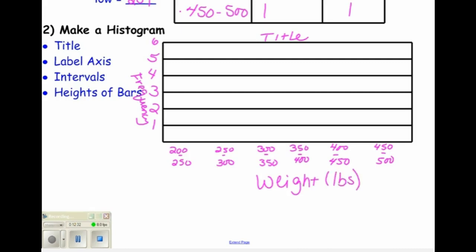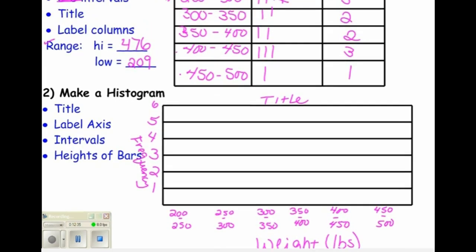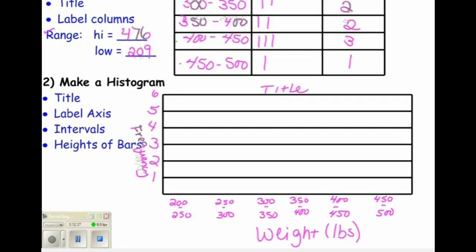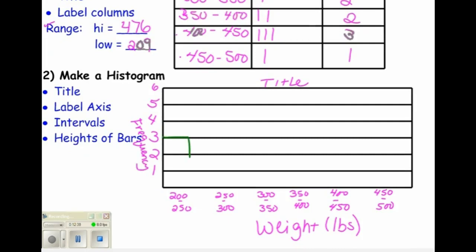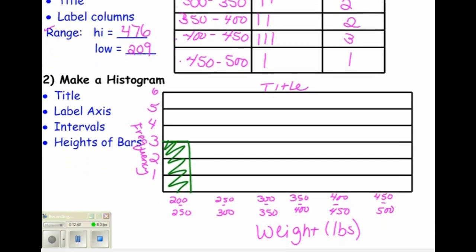Get your labels right. And now it's just a matter of making the height of the bar correspond. So from 200 to 250, it occurred 3. Shade that in. From 250 to 300, it occurred 5 times. So my bar will go up there. 300 to 350 occurred twice.